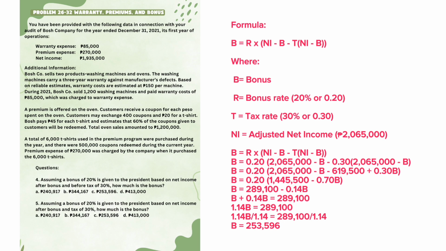times NI minus B. Now, plugging in our values, we get B equals 0.20 times, open parentheses, 2,065,000 minus B minus 0.30 times 2,065,000 minus B. First, let's calculate the tax term. 0.30 times 2,065,000 minus B, we get 619,500 minus 0.30 B. Now let's substitute this back into the equation.